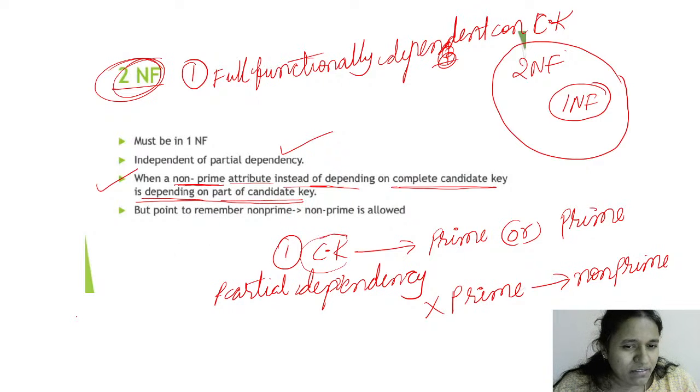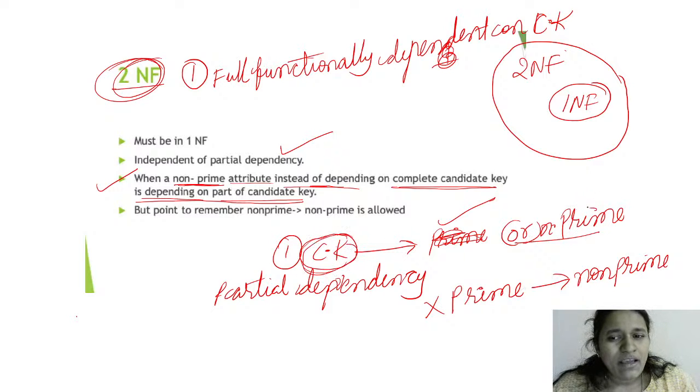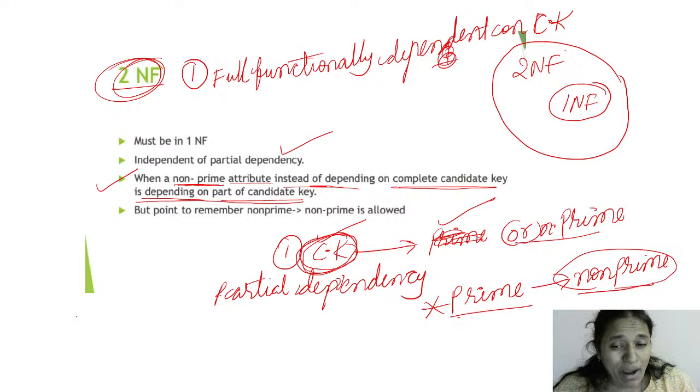Actually, it should be like this: candidate key to non-prime or prime, no problem. Candidate key to non-prime is allowed in second normal form. That should be fully functionally dependent on the candidate key. That means the left hand side should be candidate key. But if the non-prime attribute is depending on a prime attribute, this is not allowed in second normal form.